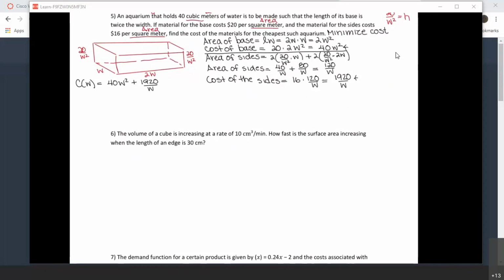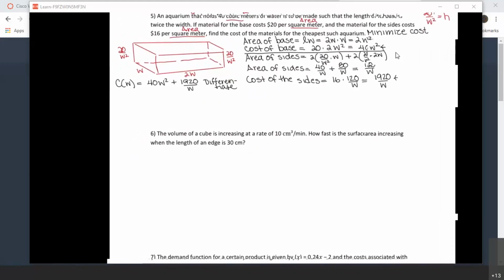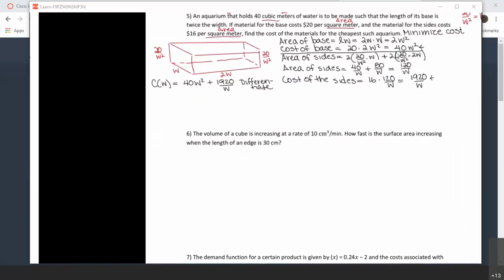Okay. All right, so here's the thing I need to actually differentiate. All right, and again, rather than write 1920 over W, I would probably rewrite this like this. I haven't done calculus yet. 1920 W to the minus 1.